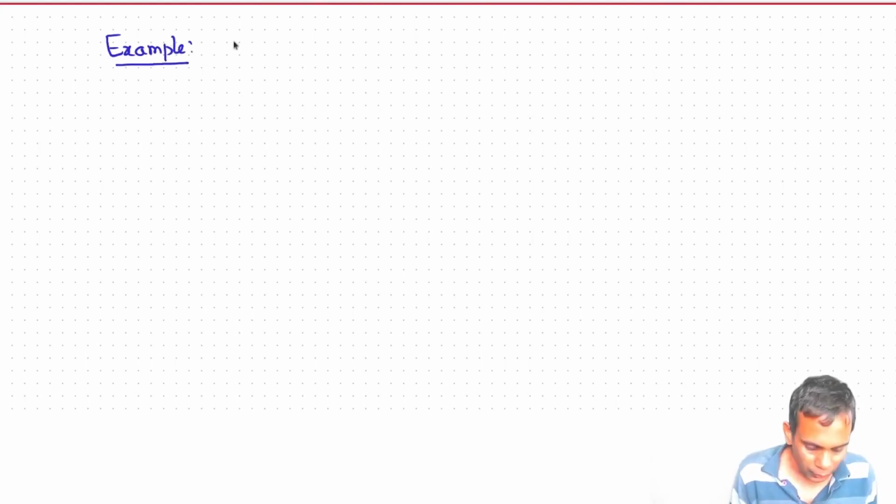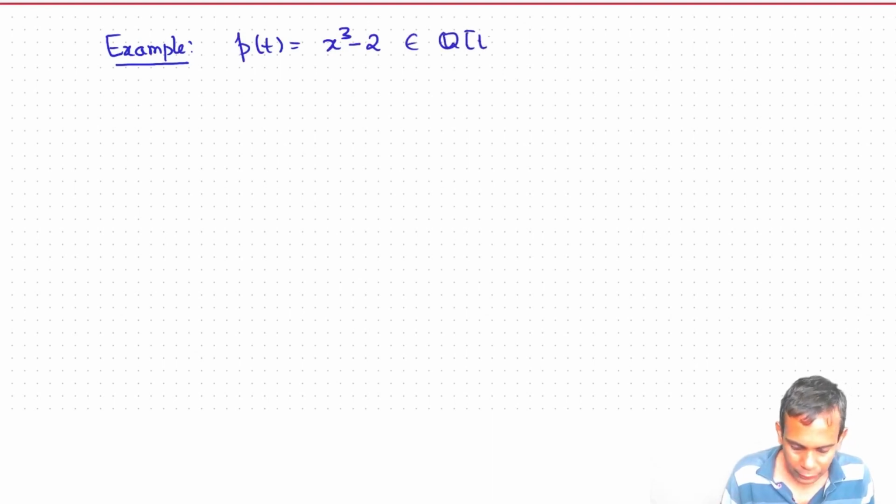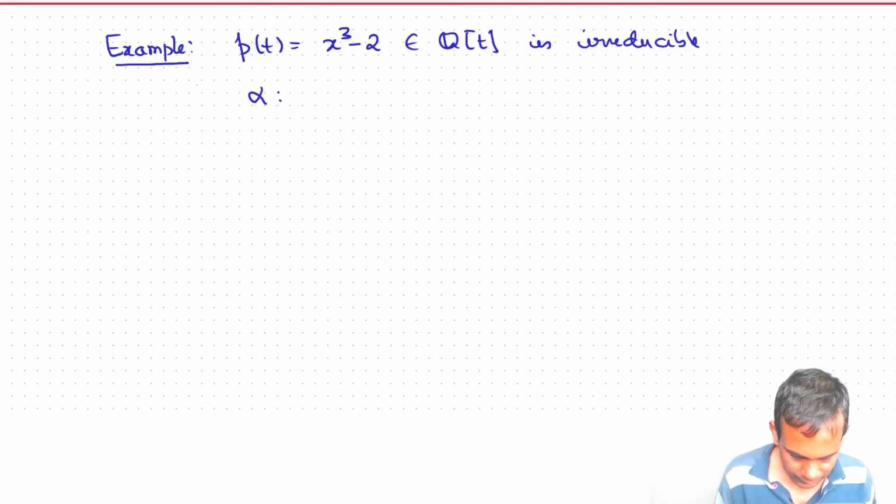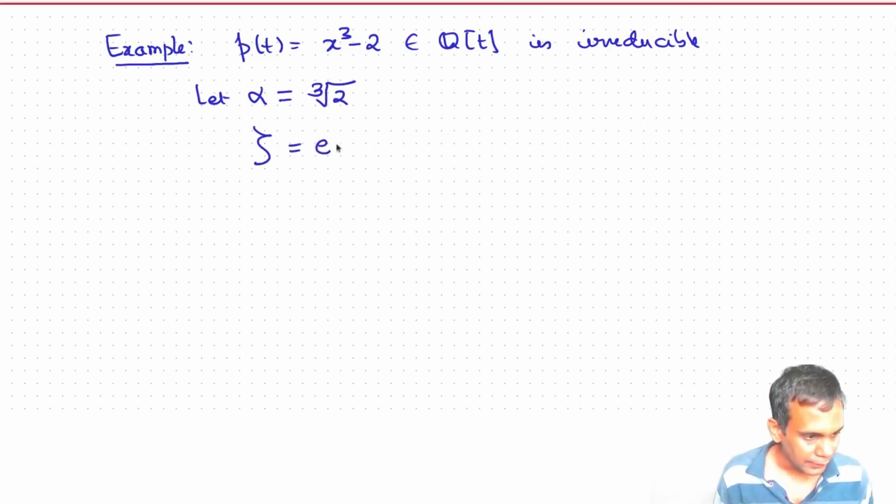Now let's look at an example. Consider the polynomial p(t) equals x cubed minus 2. This is an irreducible polynomial in Q[t]. This polynomial has no rational roots. What are the roots of this polynomial? Let's say alpha equals the cube root of 2, and let's say zeta is equal to e to the 2 pi i over 3.